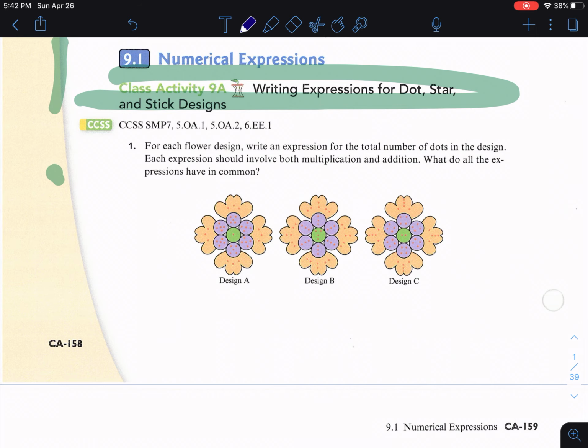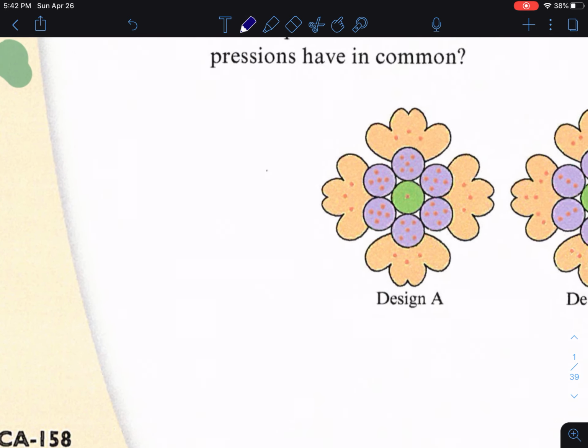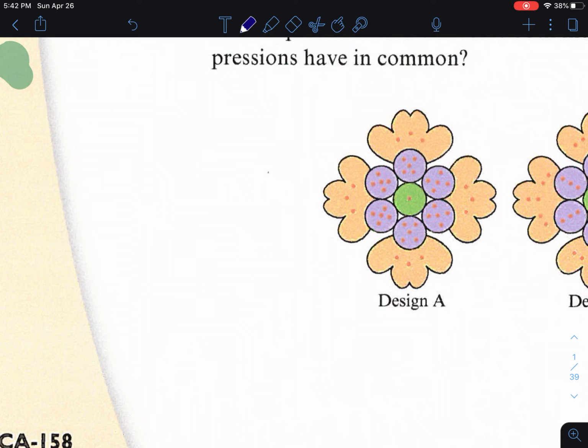coming from. So, for example, if we're looking at the number of dots in this pattern, we can see that there are groups of dots, and there's a structure to this pattern, right? So all the yellow petals have 3 dots, and all the purple circles have 5 dots, and the green circle inside has 1 dot.